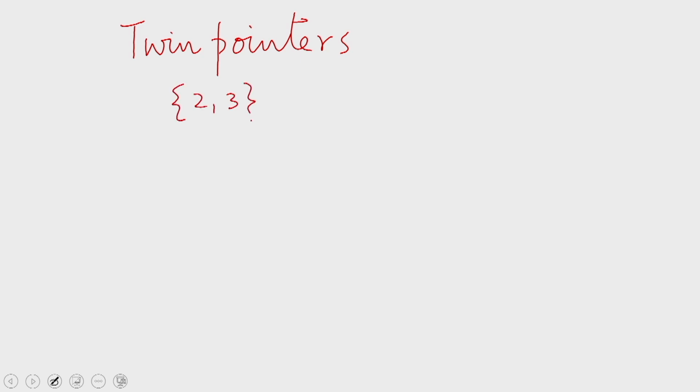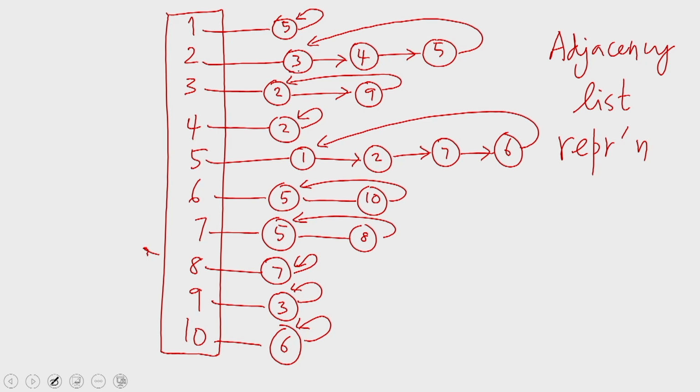We additionally assume that the adjacency list representation has twin pointers. Twin pointers are available between the twins. For example, we saw that the undirected edge 2 3 is replaced with two entries, 2 3 and 3 2, in the adjacency list representation, which are this element and this element respectively.